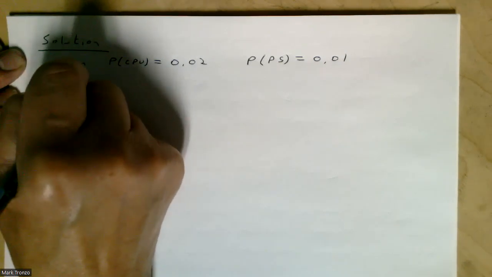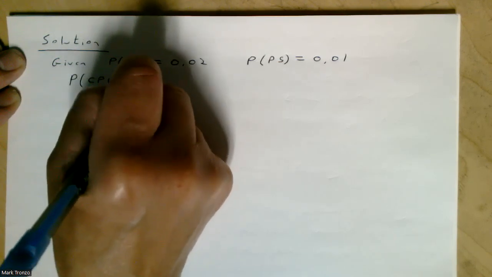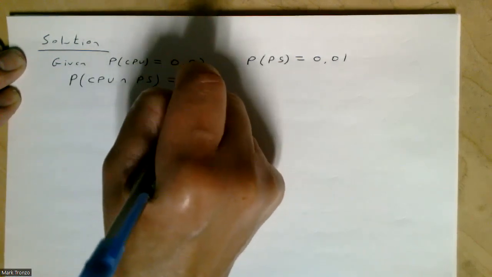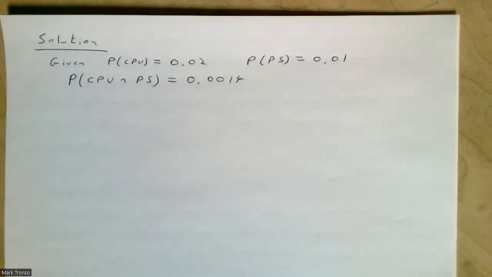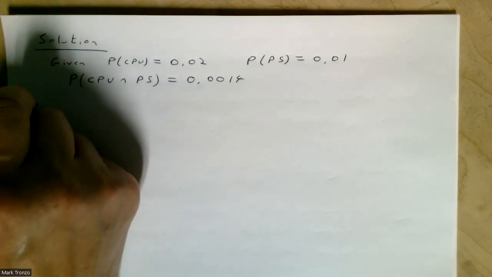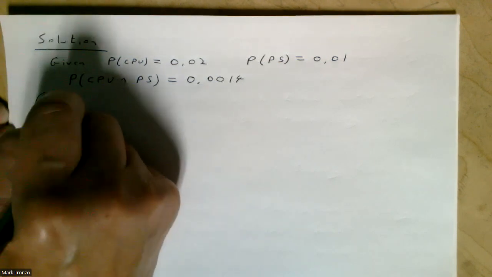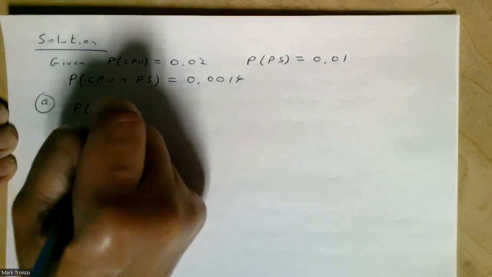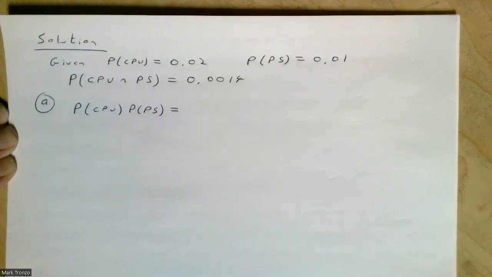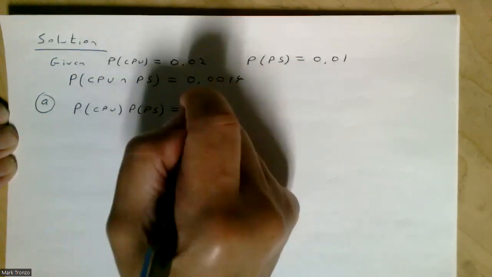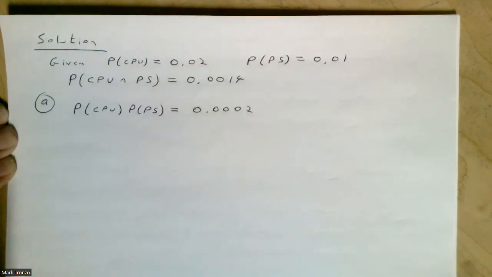And we're also given the probability of the two failing simultaneously, that'd be an intersection, is 0.0014. So let's do part A. Let's test this out. If we multiply the probability of CPU times the probability of power supply, we get 0.0002.